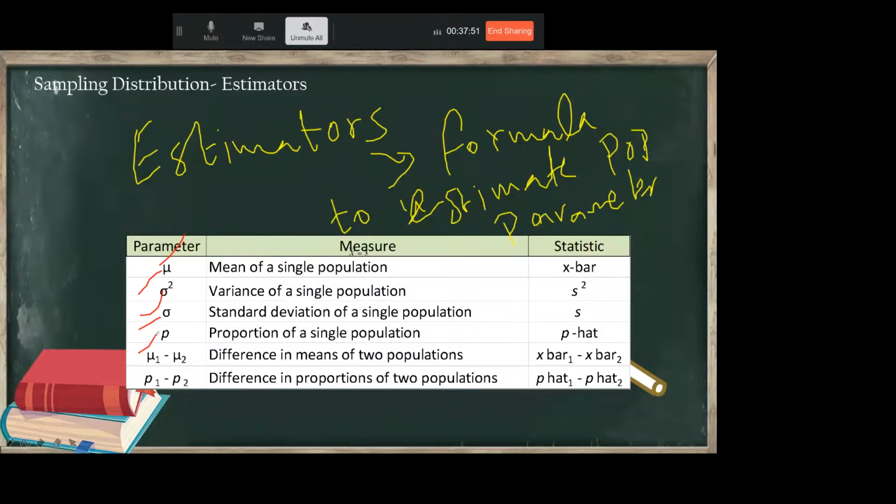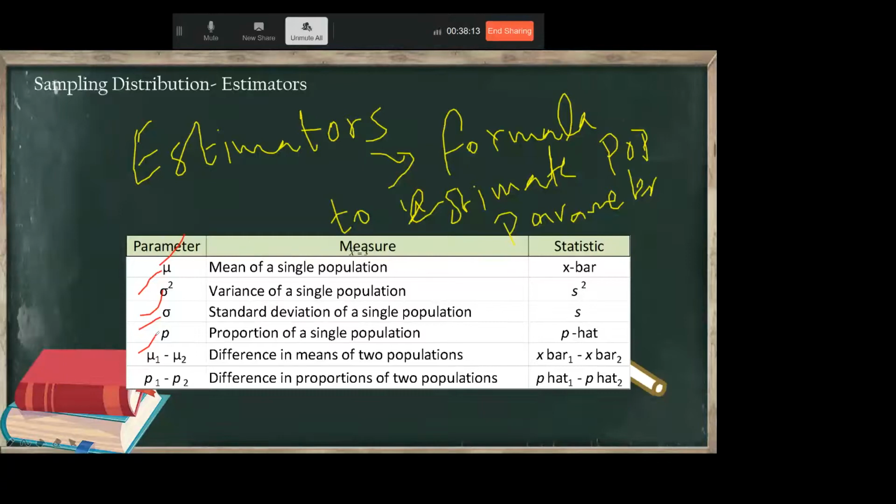Rho is a proportion of a single population. So these can be different population parameters. It depends on what we want to estimate. And we get the statistic against each one.